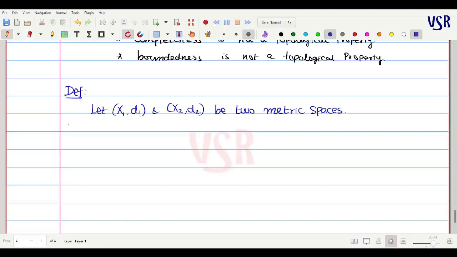A function f from X1 to X2 is said to be isometric if this condition holds.